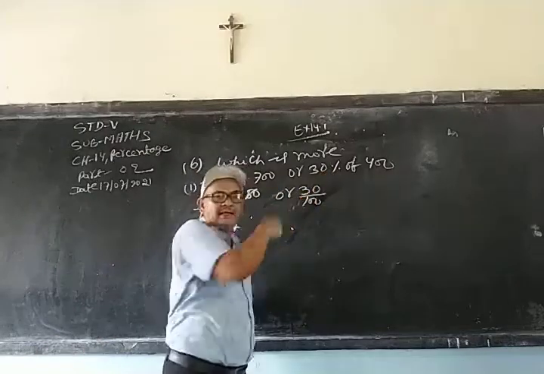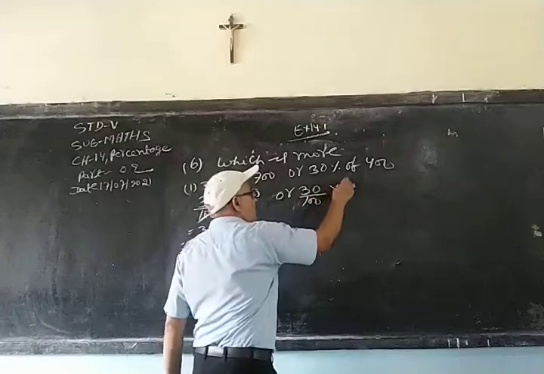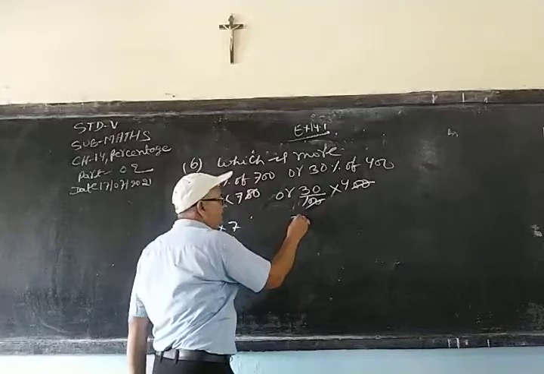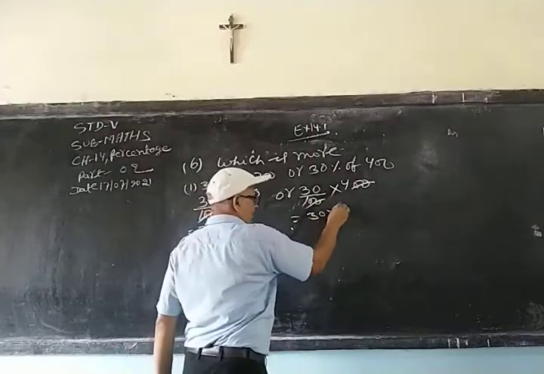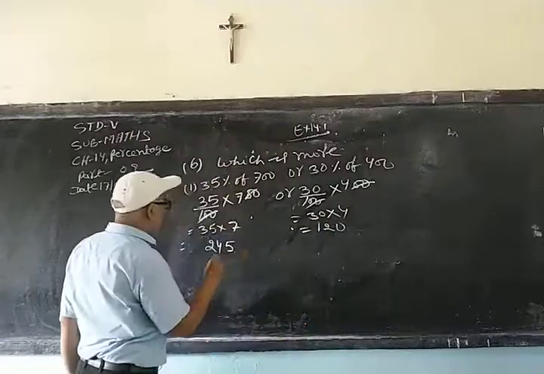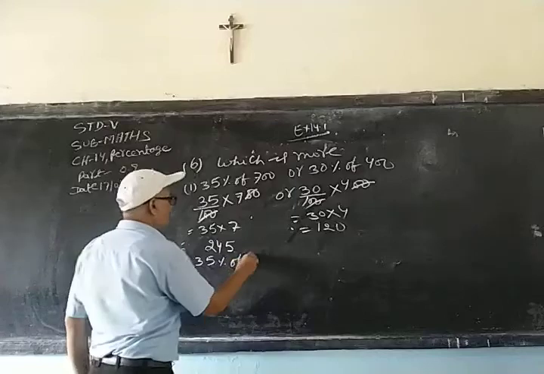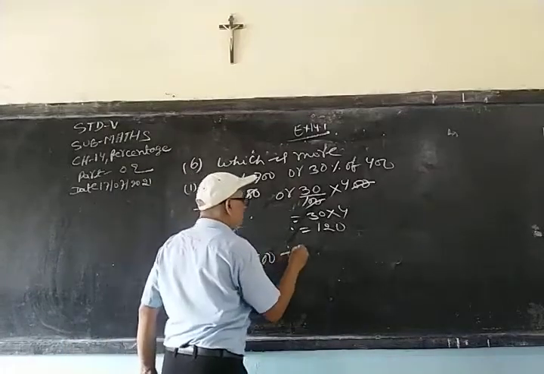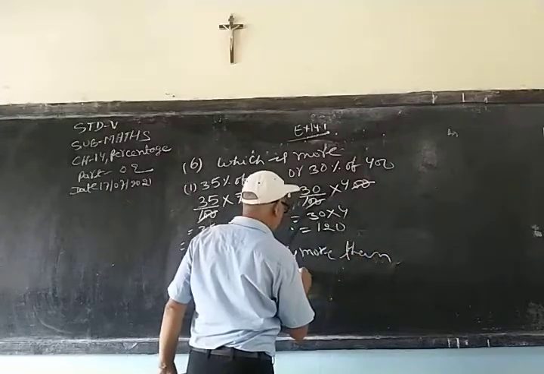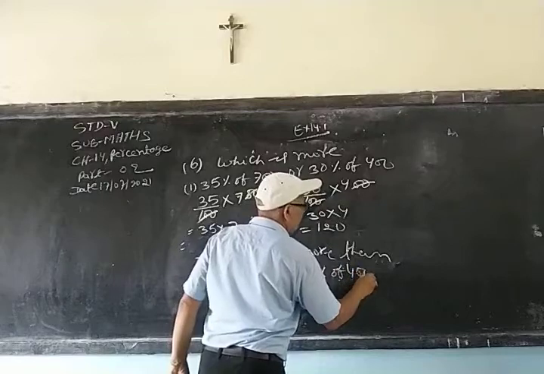To remove this sign, we divide by 100, and of means into 400. So 20 cancels with 20. 30 into 4, 120. So you will write 35% of 700 is more than 30% of 400. Clear?